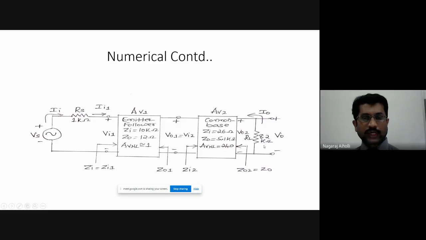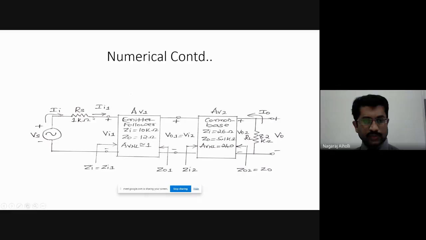Note down this block diagram for the first numerical. Here there is a source voltage Vs, current flowing is Ii.